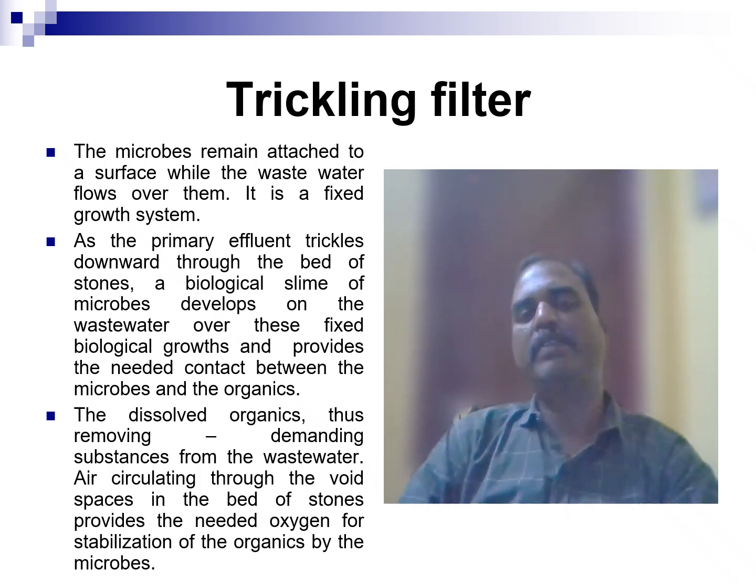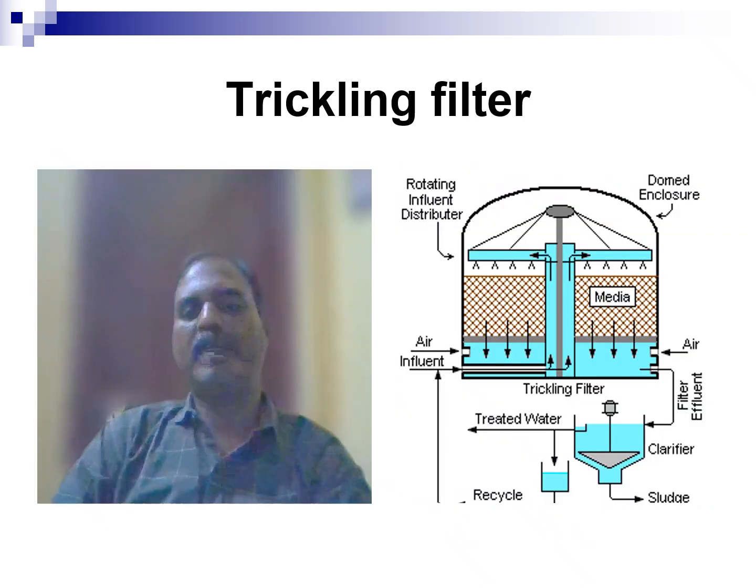Due to that, most of the organic pollutants present in the wastewater are consumed by the microbes, digested and decomposed. For this option we need to stabilize the particular microbes.